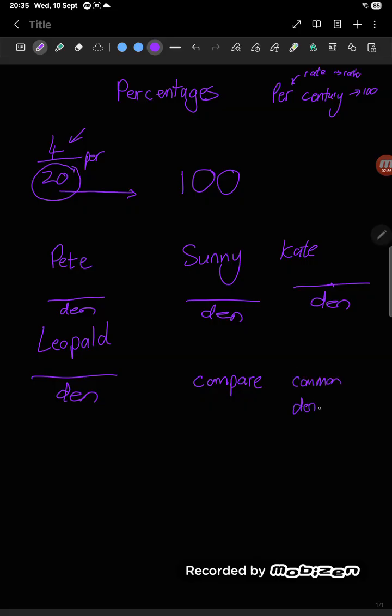If Pete had something over 86, maybe 70 over 86, and Sunny had something over 43, let's put it at 36. Then Kate had something over 23 and she got 20 out of that 23. Whatever story you want to tell yourself about what that fraction means. And Leopold got something over 56, he got 50.